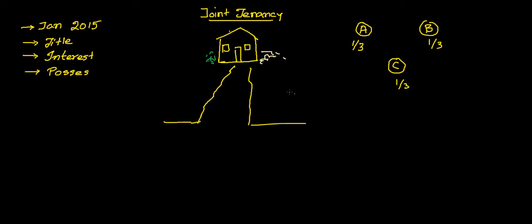Now, as I said, let me select a different color. The key concept of joint tenancy is the right of survivorship. So as long as A, B, C, all of them are living and possess this house, they are having a joint tenancy.